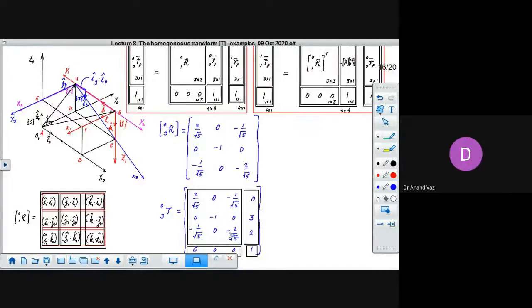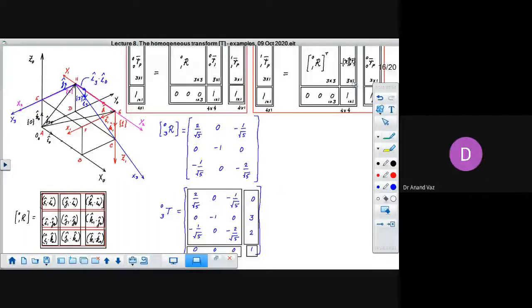You can also invert it, and now that you know how to invert it, you can employ this particular technique. You already have R. If you want to invert this matrix, you can construct its inverse by just taking the transpose of R. So this part just becomes the transpose of R. And this column becomes minus R transpose times the position vector of frame 3 with respect to 0.